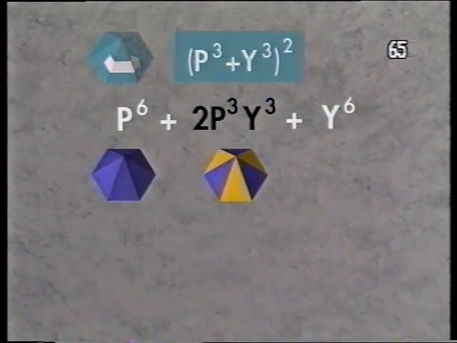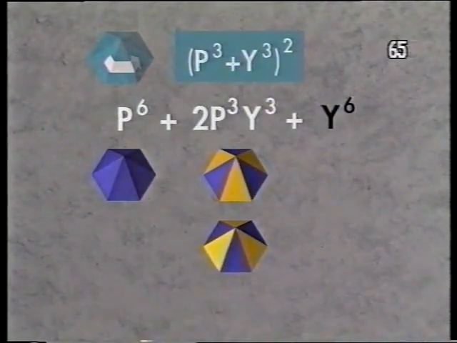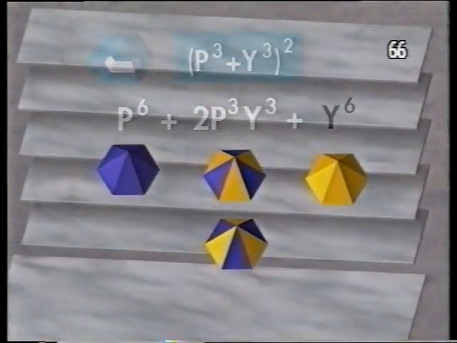Well, there's one colouring with odd faces yellow and even faces purple, and one with them the other way round. And the last term tells you that there's one colouring with 6 yellow faces. Before we go on, let's check that this is right by looking at the model.